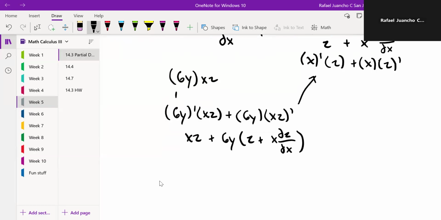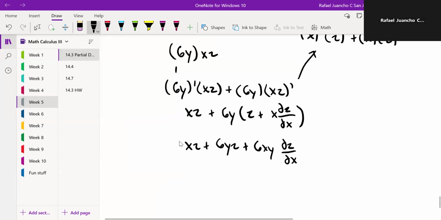And then from there, now I have xz, 6yz, 6xy, or not the partial, there. So then I multiplied my 6y to both terms. And then that's my, okay, I hope I got that one.